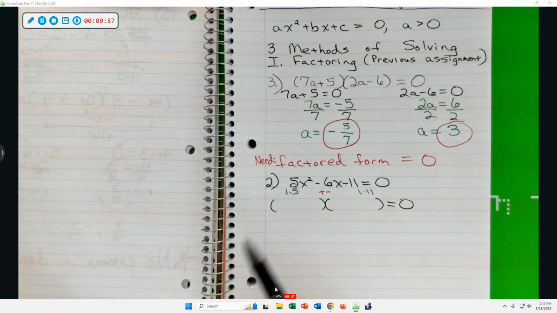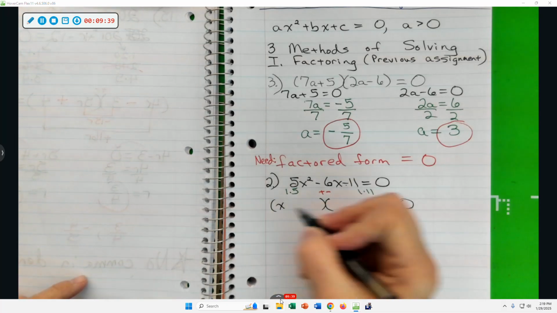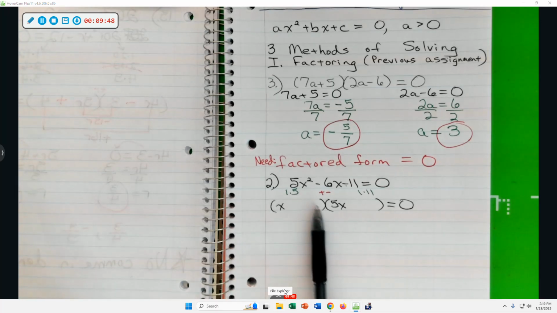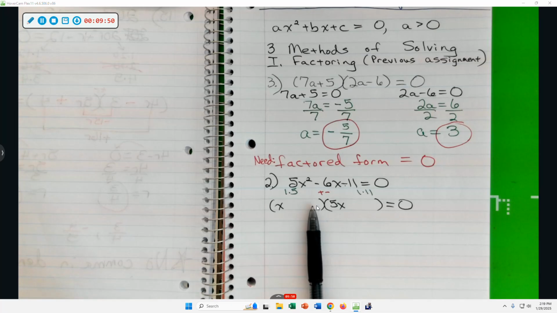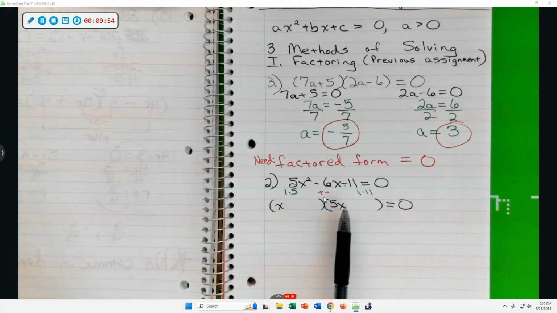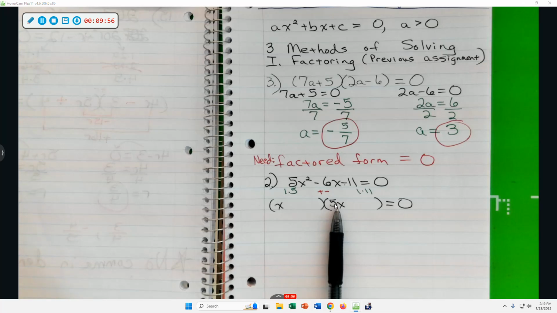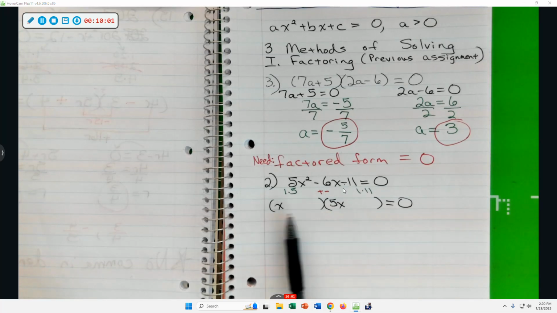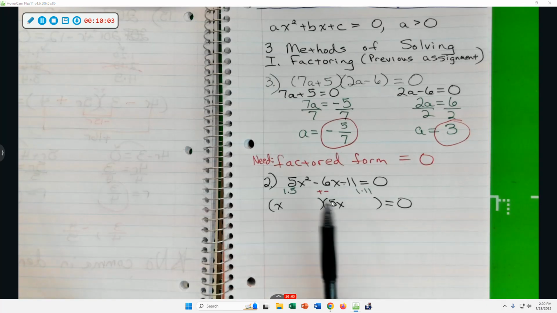Now for 5x squared, 1x and 5x. It's the only possibility. Now for 11, I can already tell we can't put the 11 here. When you're finding the inner product, 11 times 5, that's 55. You'd be subtracting another x, but 55 minus 1 is not going to give you that 6.